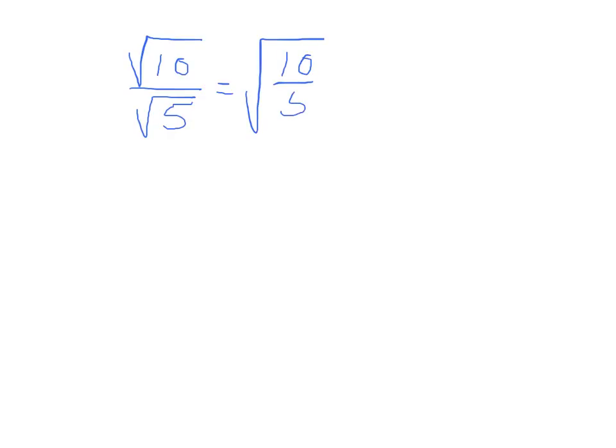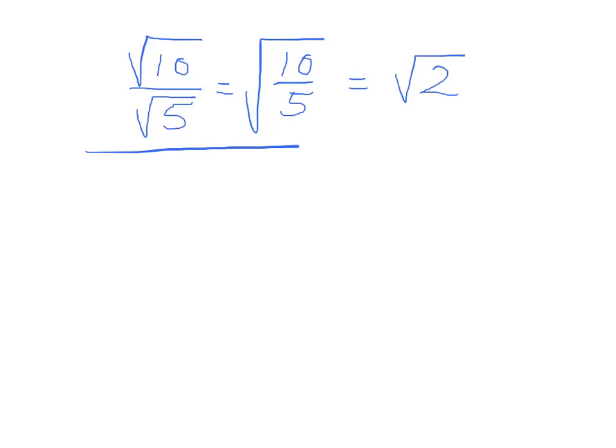If I have the square root of 10 divided by the square root of 5, that could be written as the square root of 10 divided by 5, which is equal to, I can reduce that fraction and get the square root of 2. These little steps can be very handy.